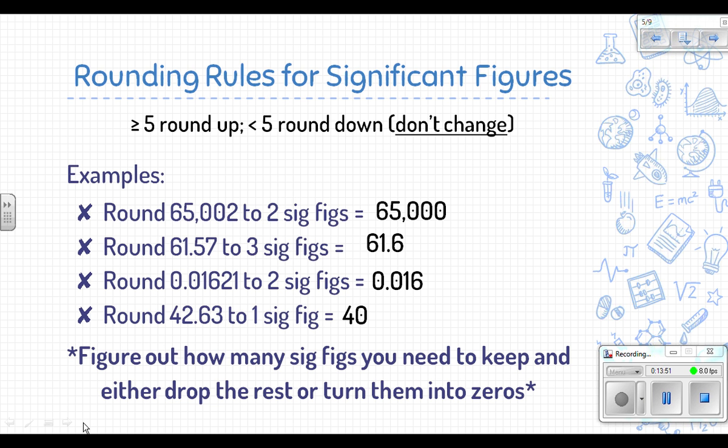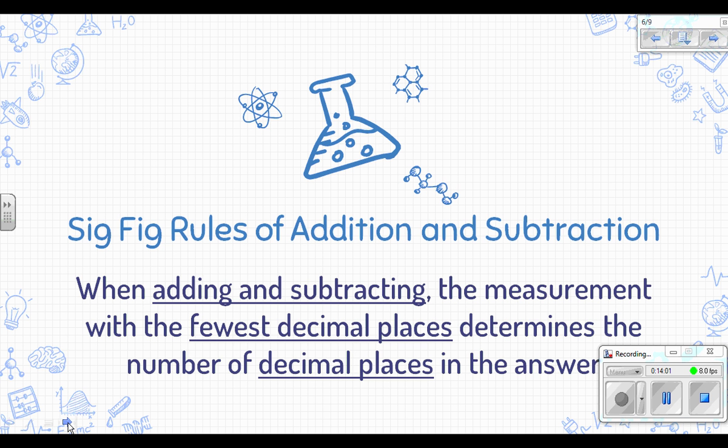All right. So those are practice examples of rounding with significant digits and significant figures. There is another thing we need to talk about, and that would be calculating with significant figures. When we're adding and subtracting measurements, we're going to go with the measurement with the fewest decimal places.